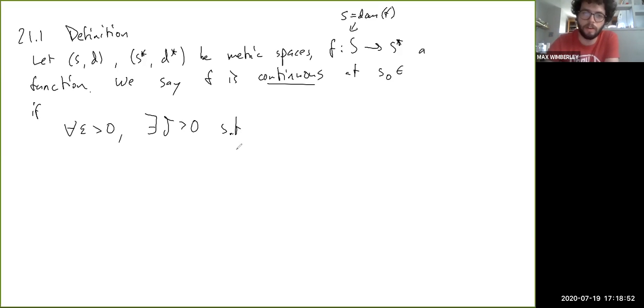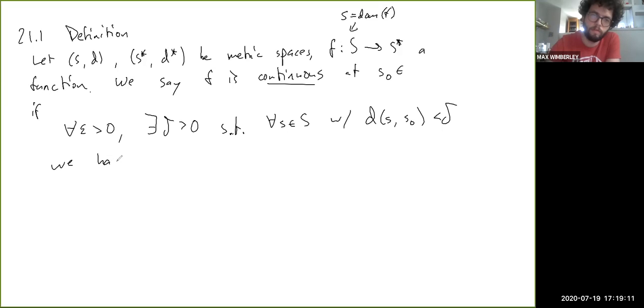So f is defined on all of S. That's why we can say for all s in S with the distance between s and S naught less than delta, we have the distance between f of s and f of S naught is less than epsilon, okay?